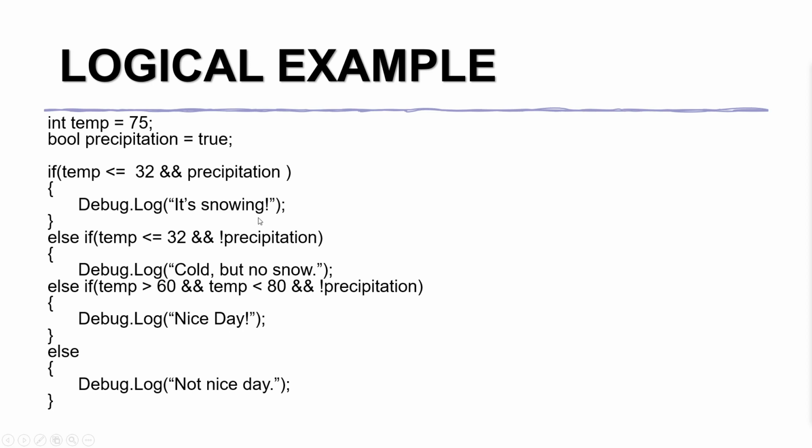We wouldn't hit this. We got our snowing and cold, but if it's 100 degrees and raining, we're not having a nice day. Even if it's just 100 degrees, we're still probably not having a nice day. So we can start to make some much more complex control flow by adding if, else statements and adding in the ands and the ors to this.